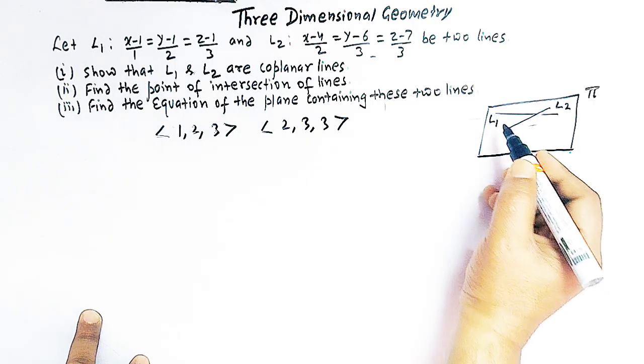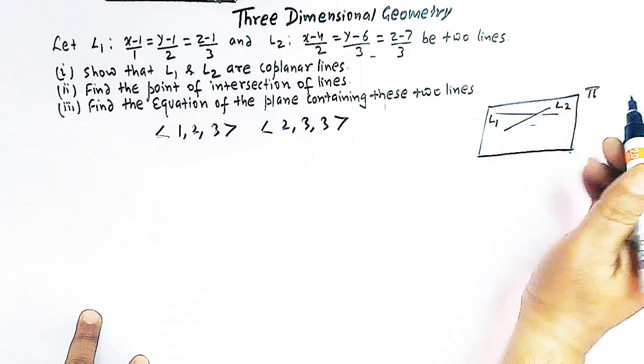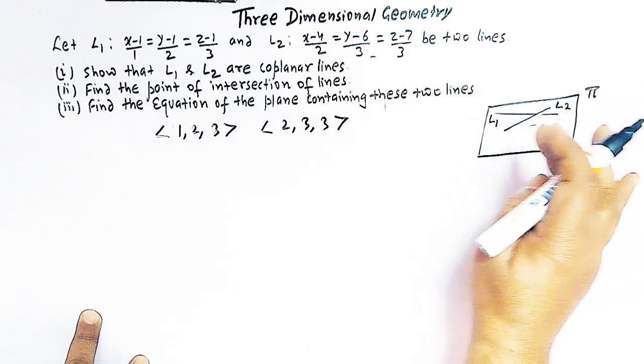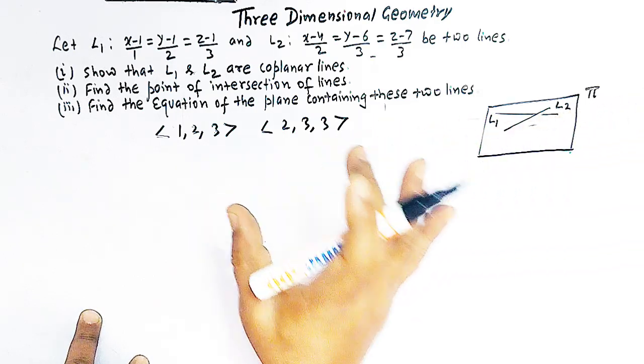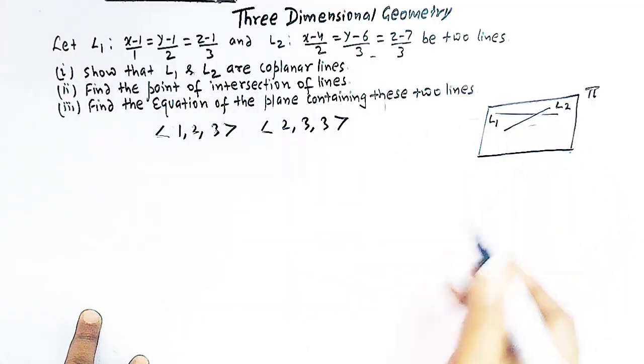So it means L1 and L2 are not parallel lines, right? But L1 and L2 lie on the same plane, and they are not parallel lines in this case. So these two lines must be intersecting, right?